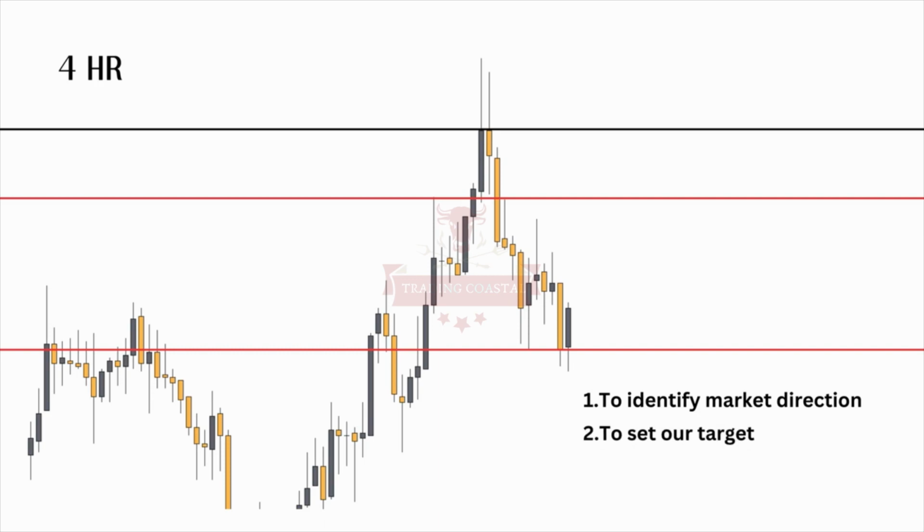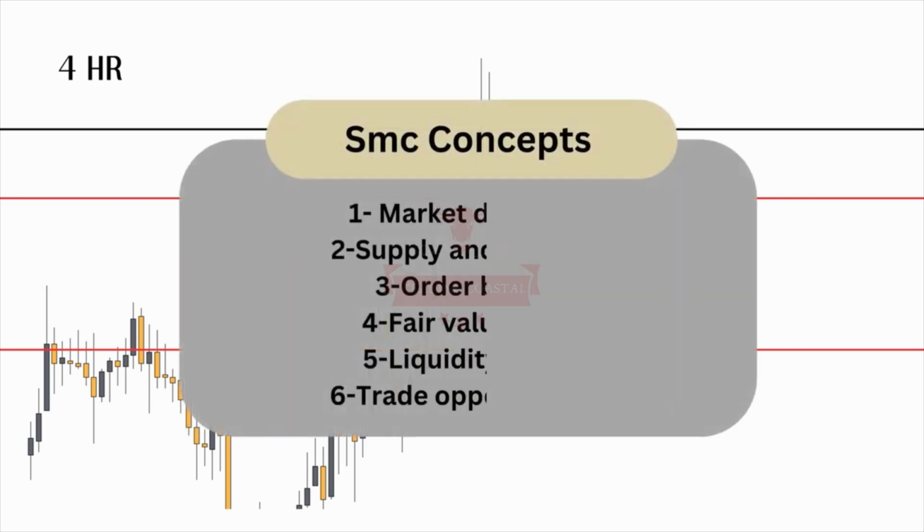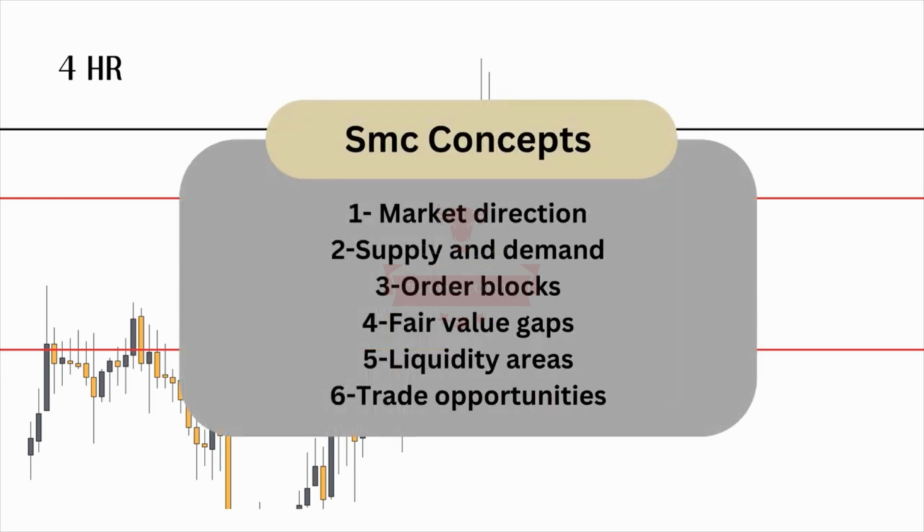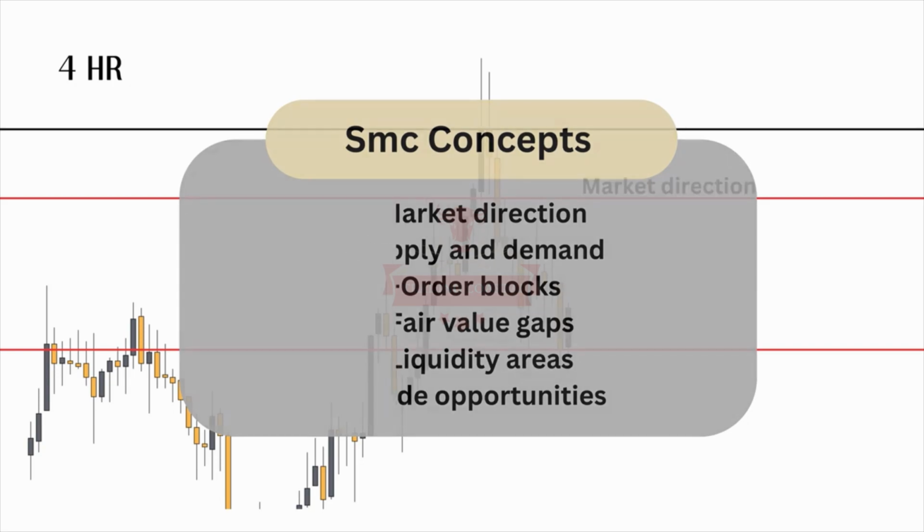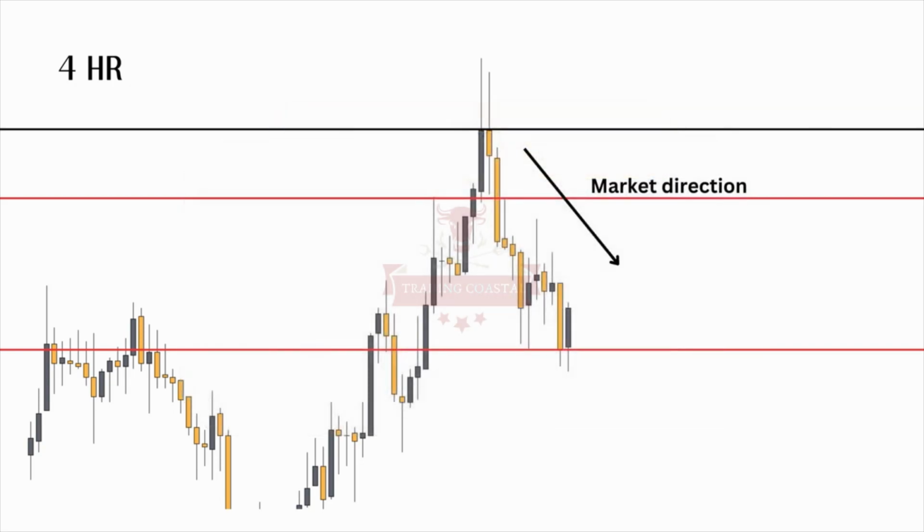So the 4 hours is when we fully apply the smart money concepts, which includes identifying market direction, supply and demand areas, order blocks, fair value gaps, liquidity zones, and possible trade opportunities. Here, the market has recently broken below the key daily level with momentum, which indicates that supply is in control.